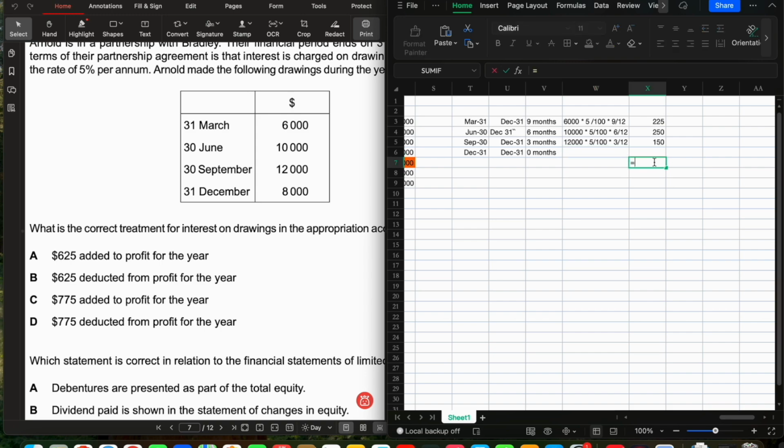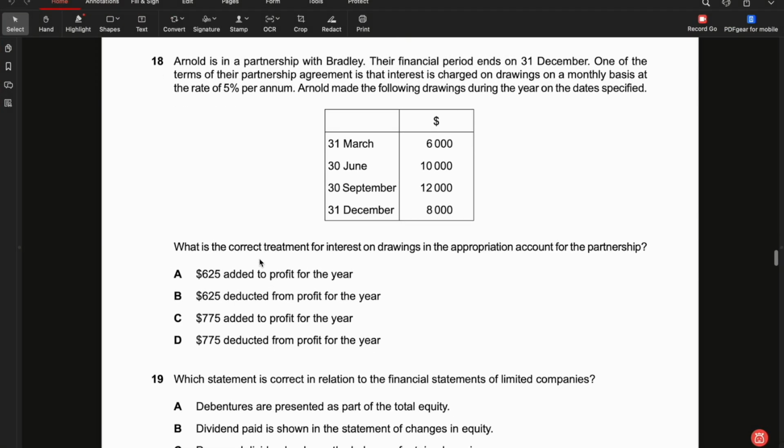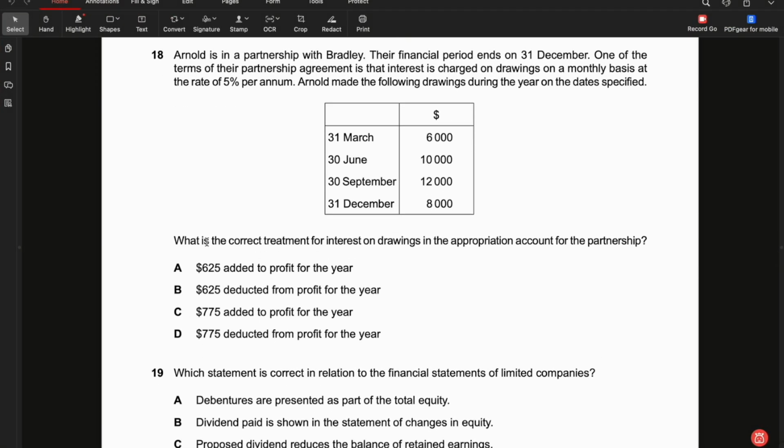So let's calculate the total amount, which is 625. So option C and D is cancelled, A and B. The correct treatment for interest on drawings is, when we prepare the appropriation account, we will add back interest on drawings to the profit for the year.